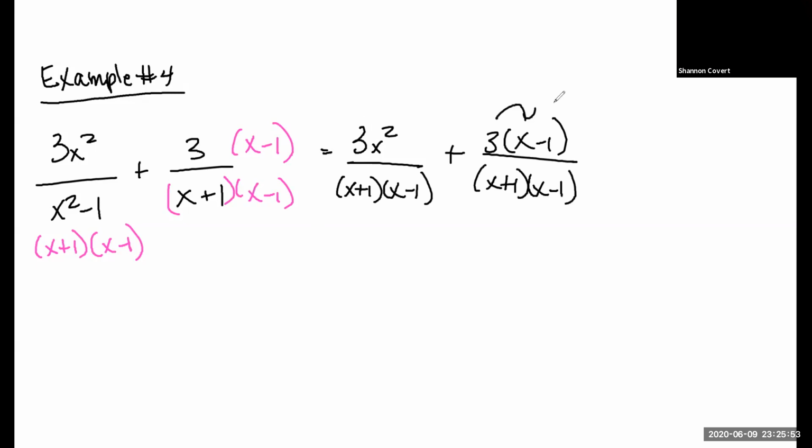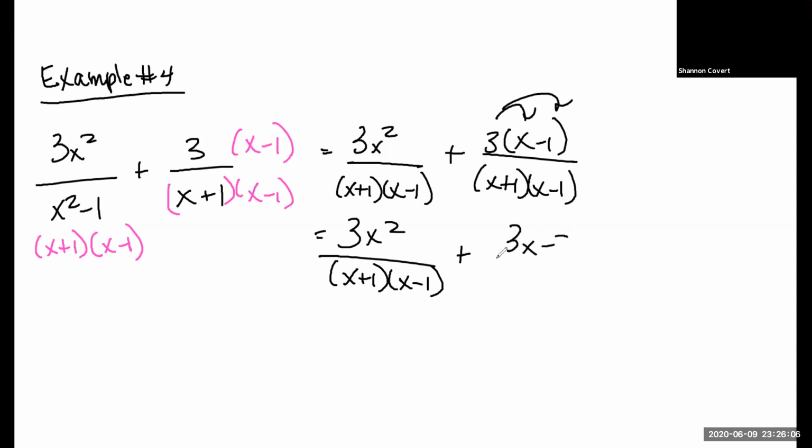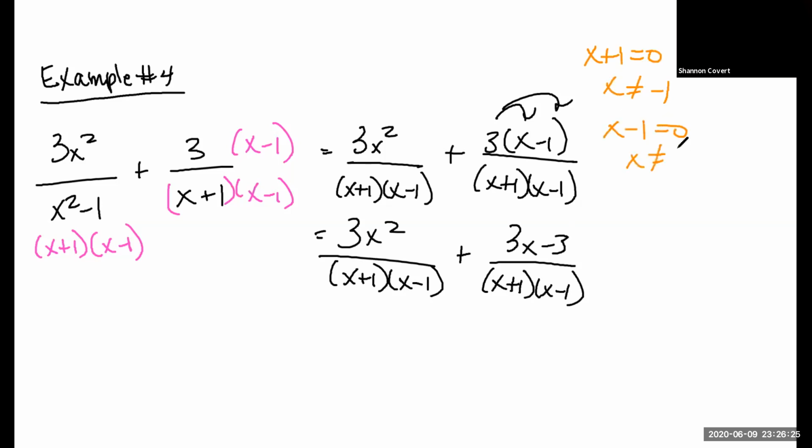I'm going to distribute: 3x²/((x + 1)(x − 1)) + (3x − 3)/((x + 1)(x − 1)). We did forget the restrictions, so we'll go back and do that really quick. First restriction, x + 1 = 0, which means x cannot be negative 1. Second restriction is x − 1 = 0, so x cannot be 1.